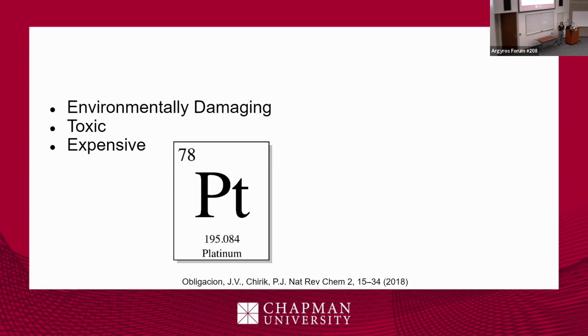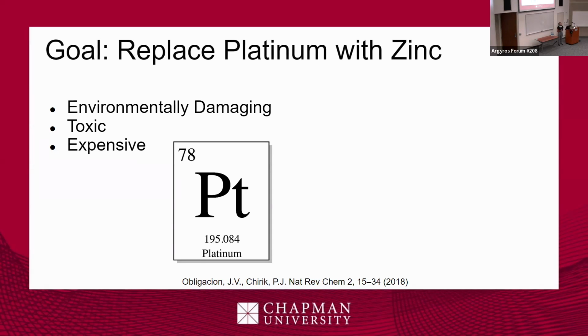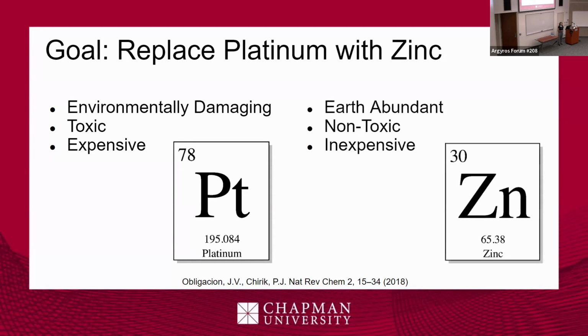So the question becomes, what is a safer and cheaper way we can still make our silicon products with a different catalyst? And that is the goal of my research. It's to replace platinum metal centers with zinc. Zinc is a much better metal center for catalysts because it is earth abundant, it is non-toxic, and it's inexpensive at 12 cents an ounce.